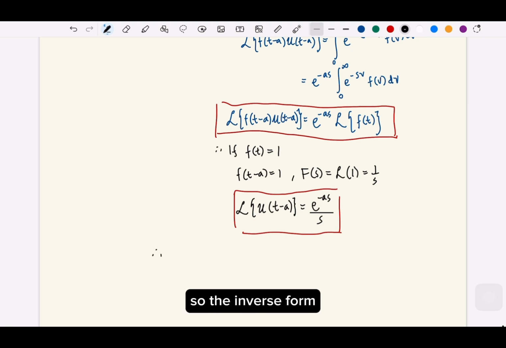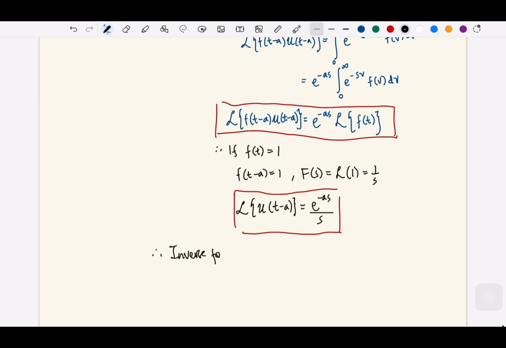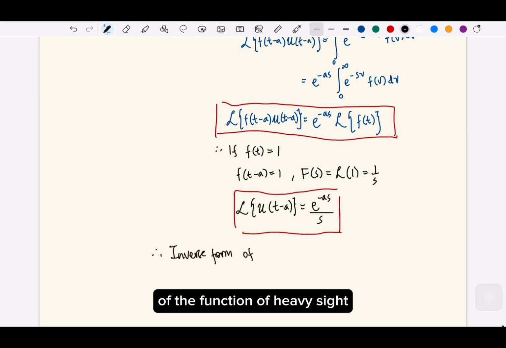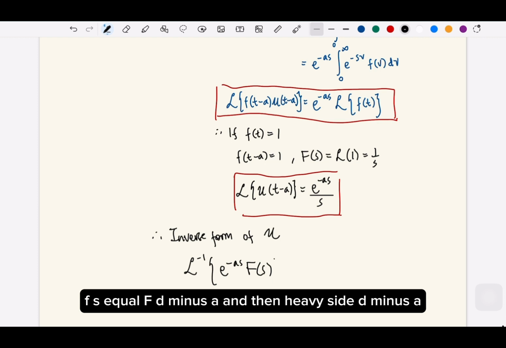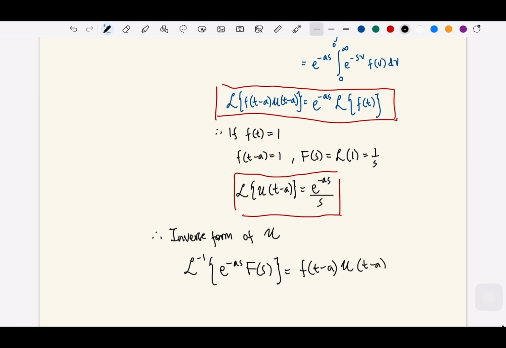So the inverse form of the Heaviside function: Laplace inverse of e to the power of negative as times F(s) equals f(t minus a) times Heaviside t minus a.